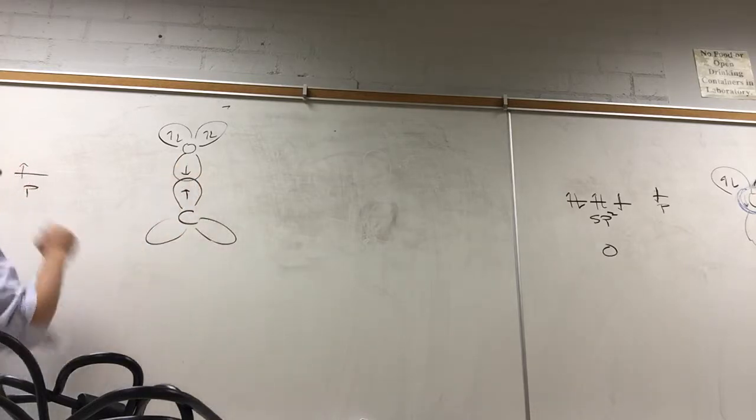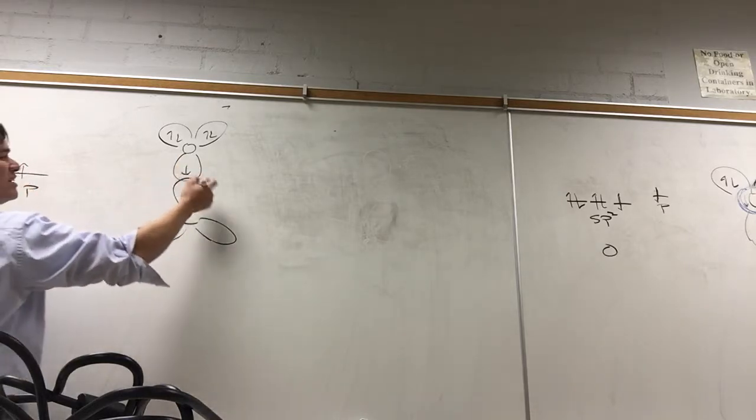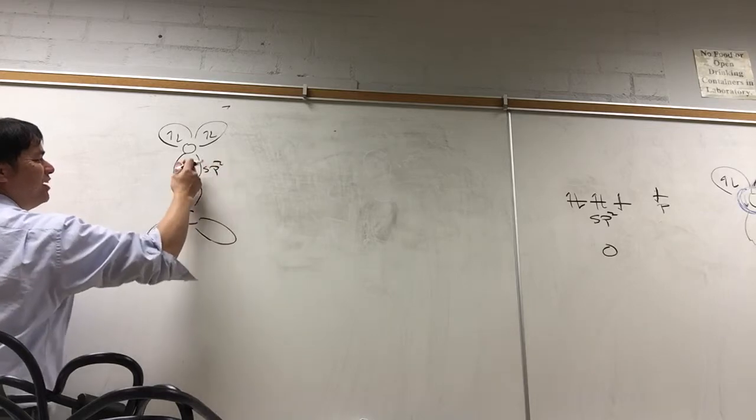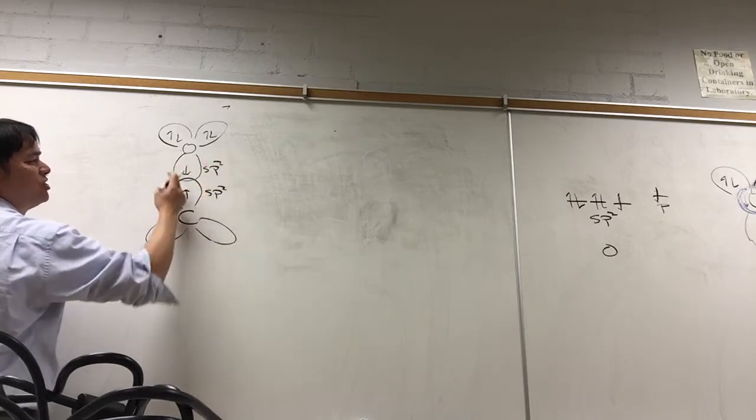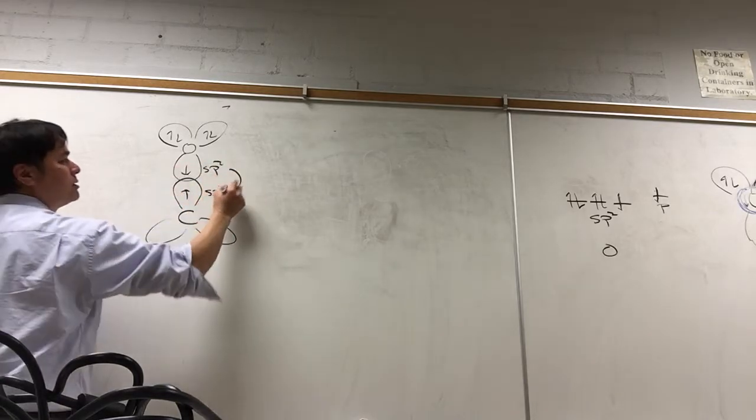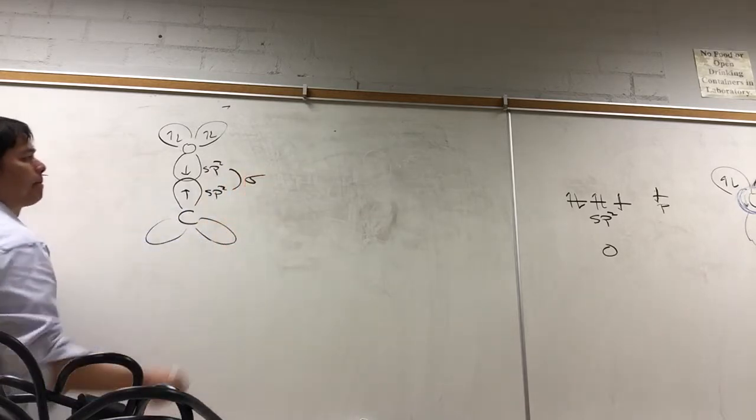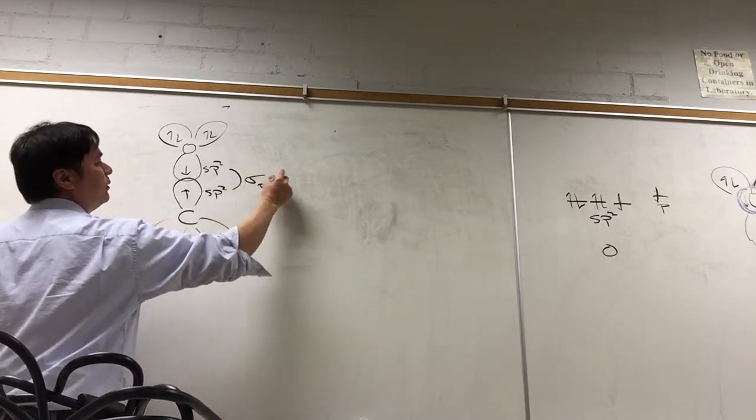Here we have one of the bonds. This is an sp2 on oxygen bonding to an sp2 on carbon, and so this is an sp2 sigma bond here.